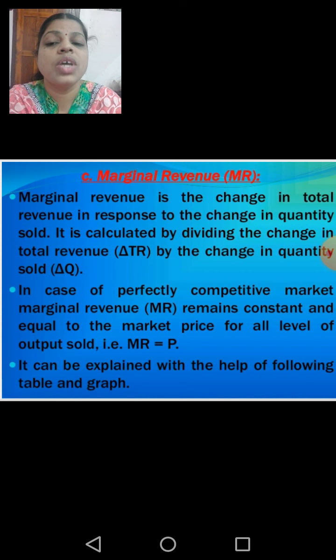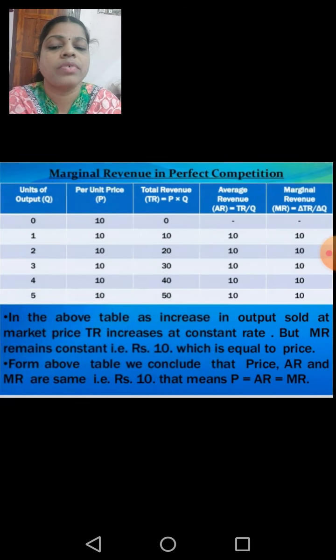So here the marginal revenue is exactly equal to the price, and average revenue is also equal to the price. The shape of the marginal revenue curve is the same as those of the average revenue and the price curves. It can be explained with the help of the following table and graph.